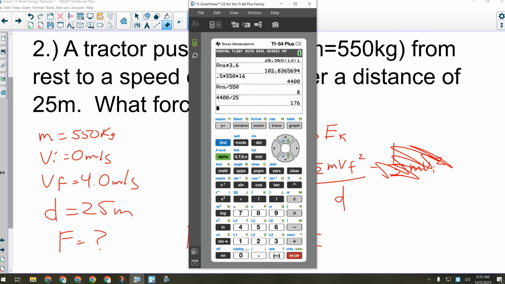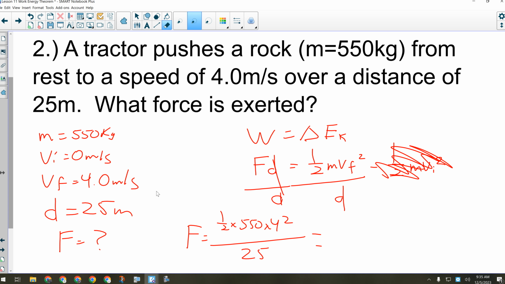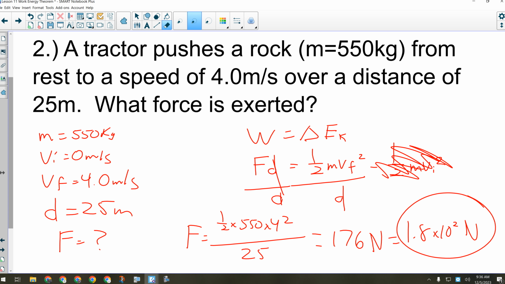Now we only have 2 significant digits, so I would have to put this number into scientific notation, and I would have to round the 7 to an 8. So I would end up with 1.8 times 10 to the 2 newtons.